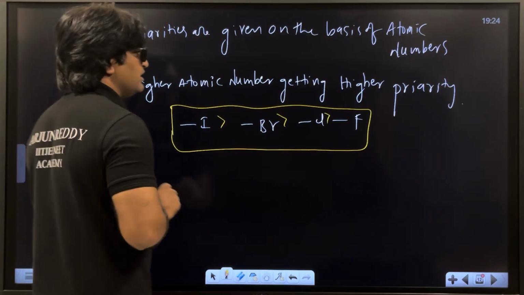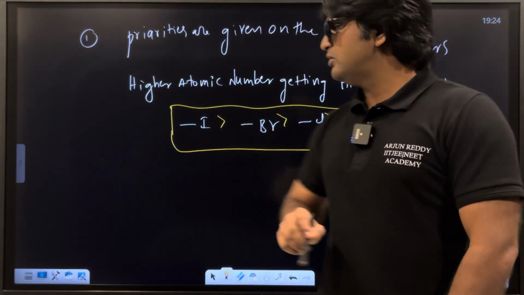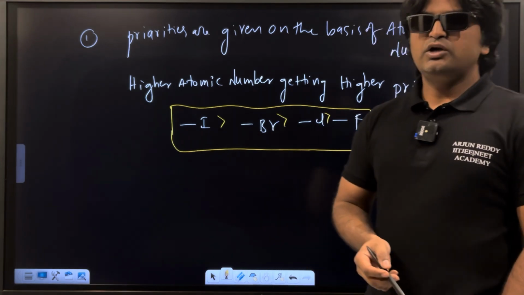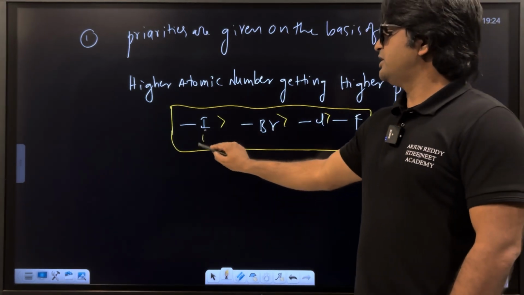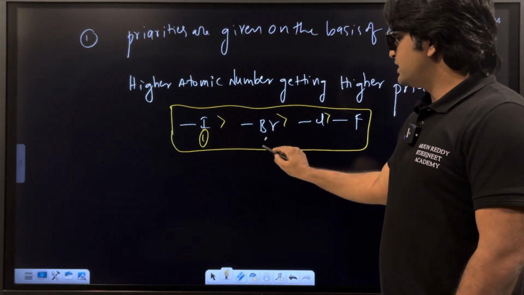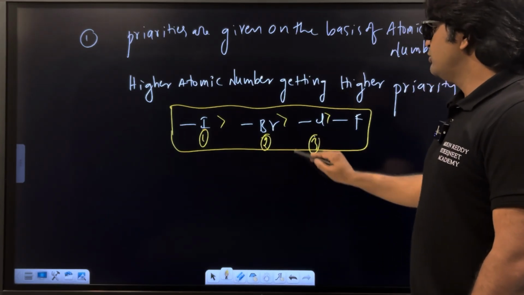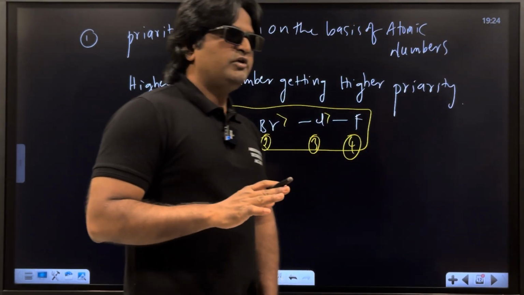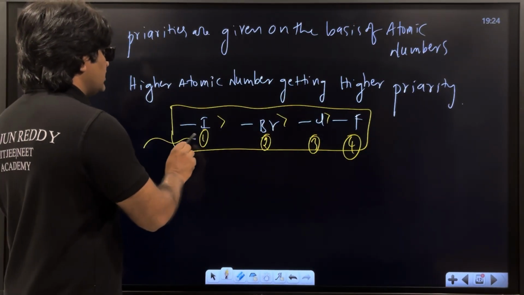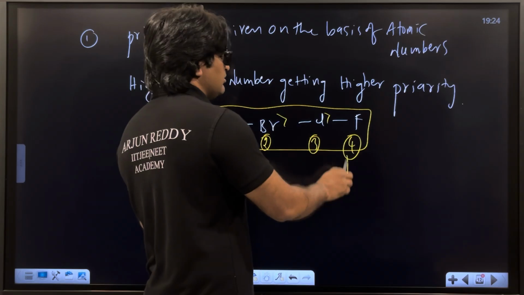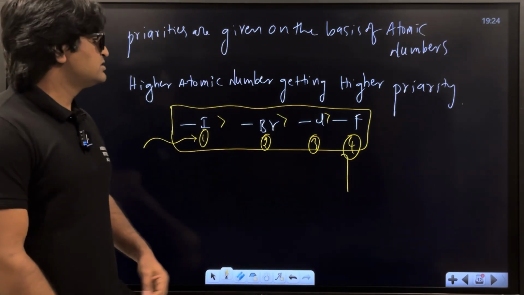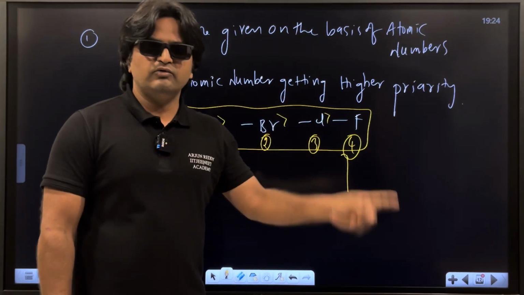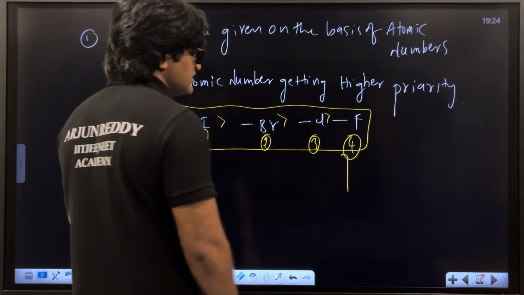First priority goes to iodine, second to bromine, third to chlorine and fourth to fluorine. Always higher atomic number gets high priority and lower atomic number gets lower priority. That is the first rule.